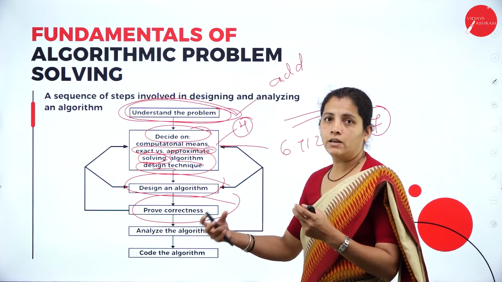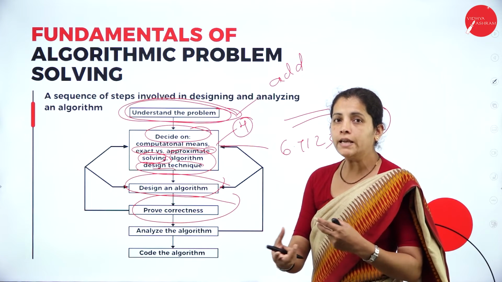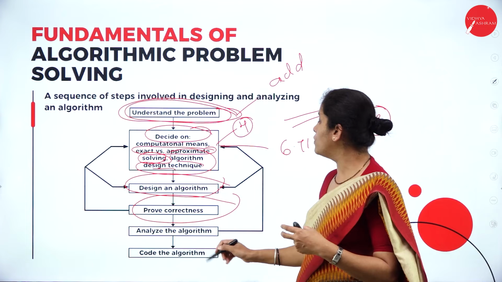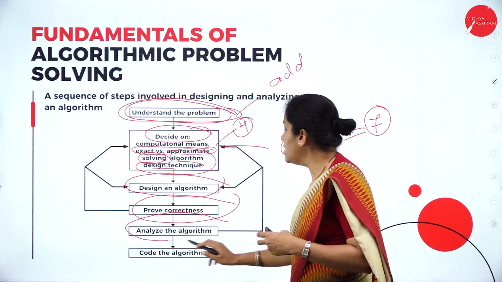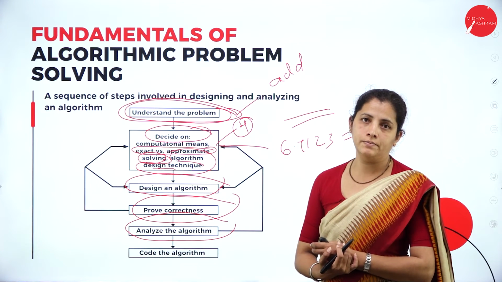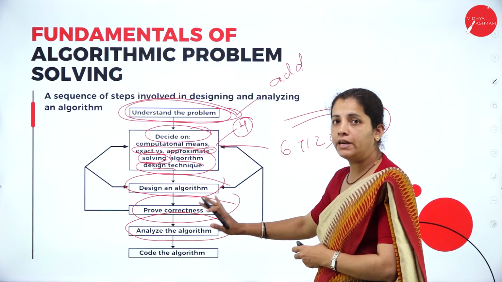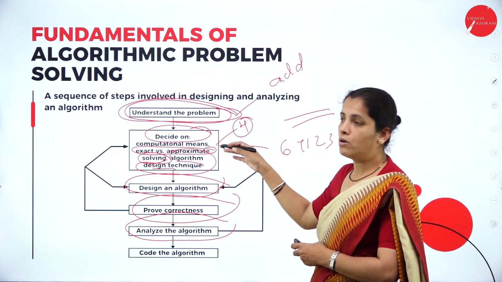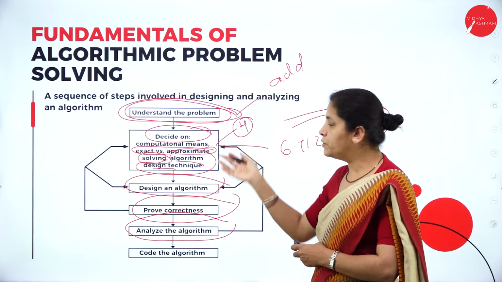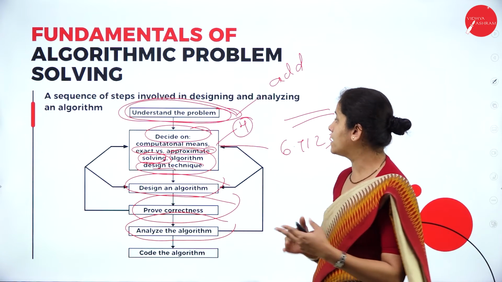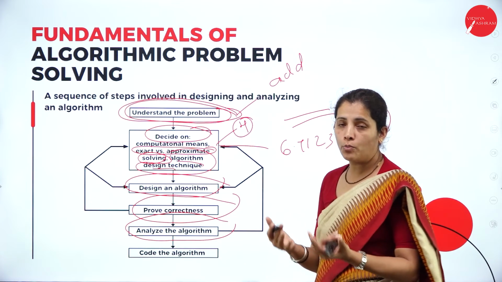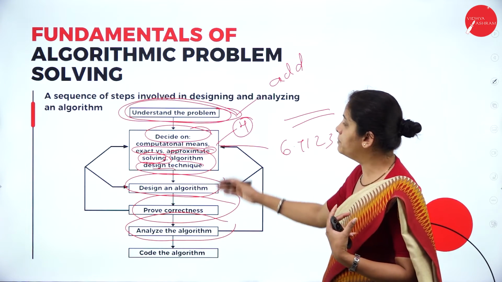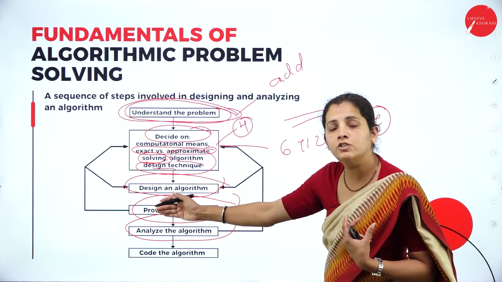If I didn't get a proper output, is there any mistake in the algorithm? I want to find that out. If the algorithm we have written is not proper, then what do you want to do? Go back. Decide on computational means, find out exact versus approximate, problem solving methods as well as algorithm design techniques. So I want to repeat the same procedure again.